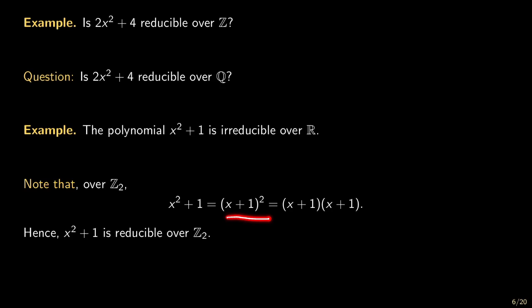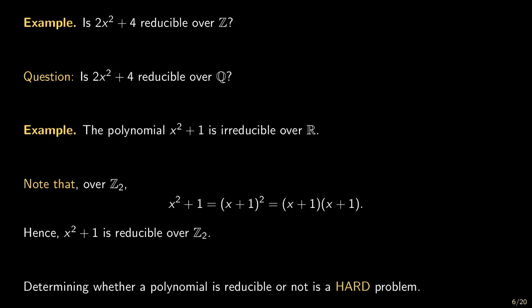The reason is when you expand this square using the binomial theorem, the middle term 2x will be zeroed out because we're doing it modulo 2. Hence, x squared plus 1 will be factored into x plus 1 times x plus 1, or we should just write x plus 1 quantity squared. Hence, x squared plus 1, although it's not reducible over R, it's reducible over Z sub 2. So sometimes reducibility generally depends on the field or on the ring we are talking about.